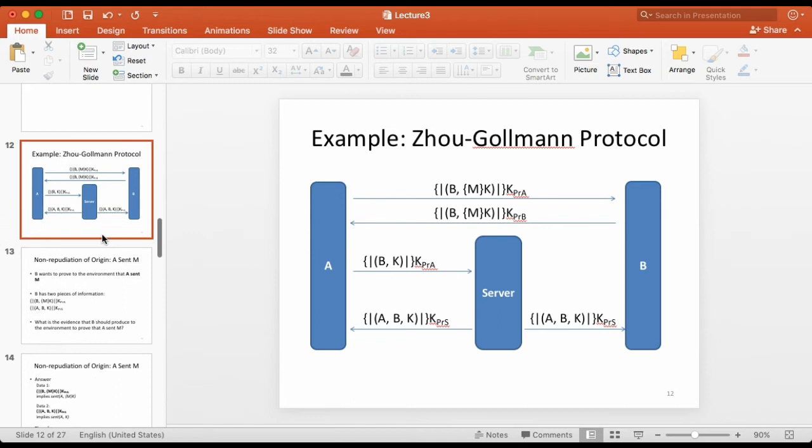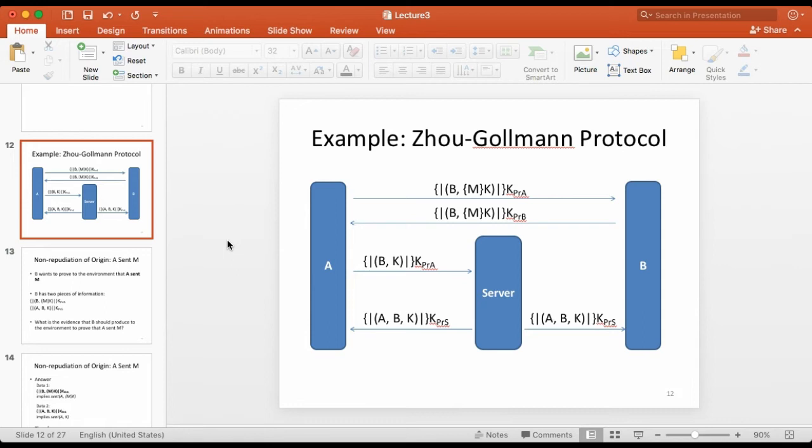Right, so let's take one famous example of non-repudiation protocols, the Juels-Goldman protocol, and try to study this protocol and understand the concept of non-repudiation in communication networks through the lens of this protocol.